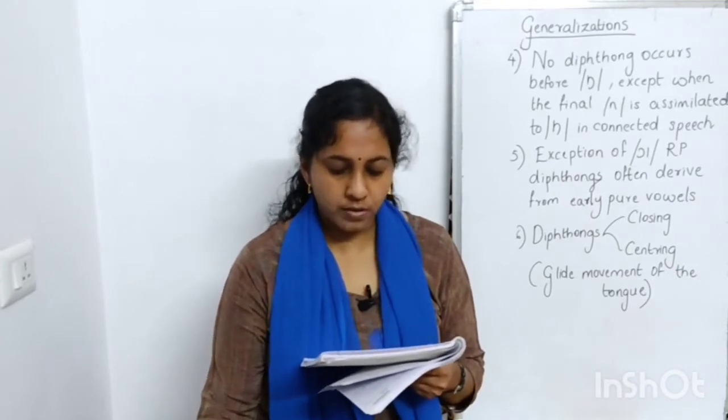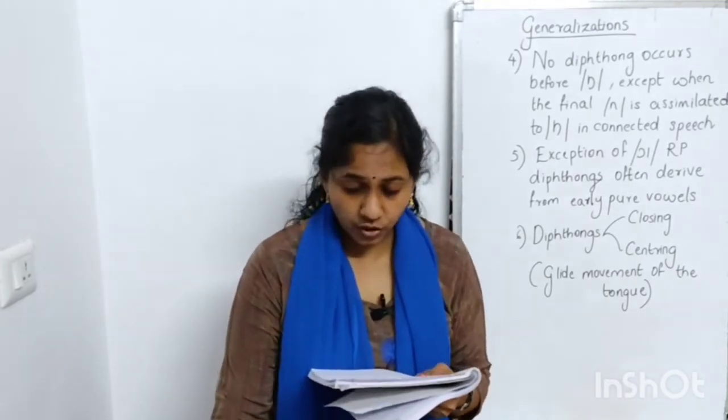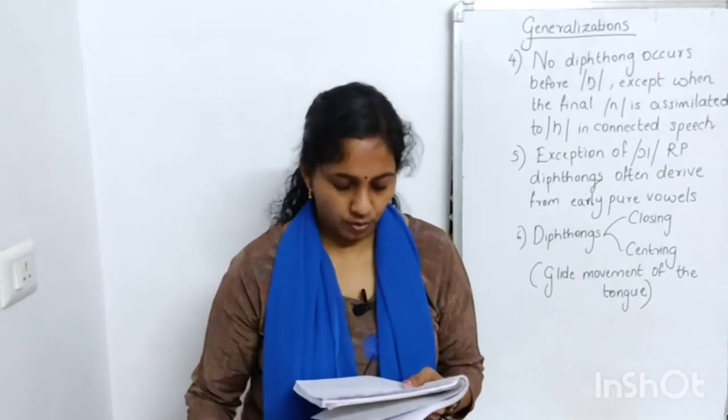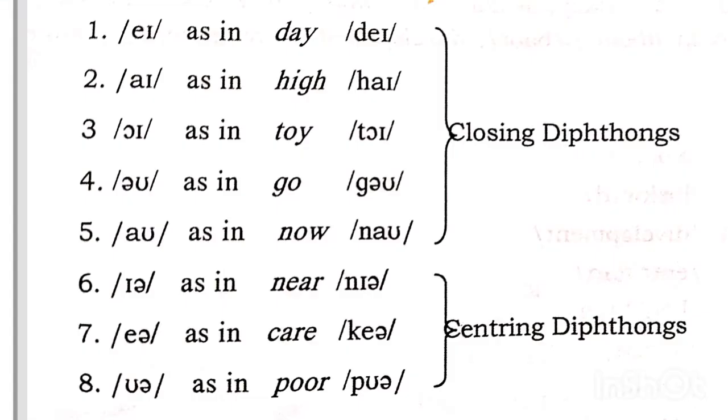Articulation of closing diphthongs, glide movement is towards the closing position, whereas it is towards the center for centering diphthongs. Fine. Closing diphthongs and centering diphthongs. So, we will see these examples one by one.